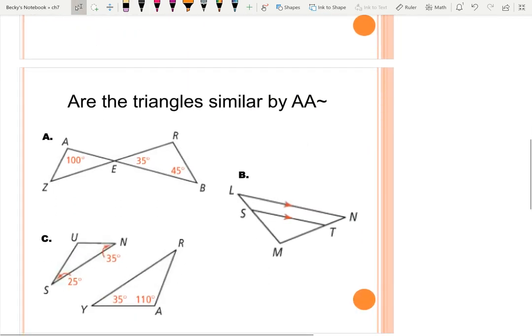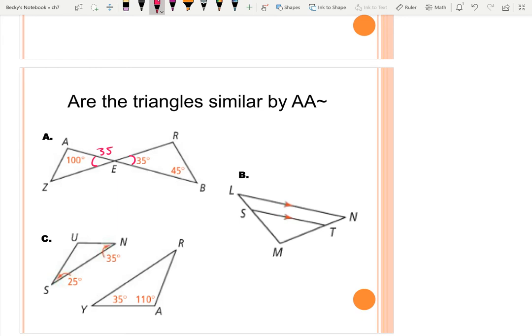All right, so for this part, we're going to grab a calculator and we're just going to simply say whether or not the triangles are similar. And if they are similar, we're going to write a similarity statement. We know this angle here has to be 35 degrees because they're vertical angles.